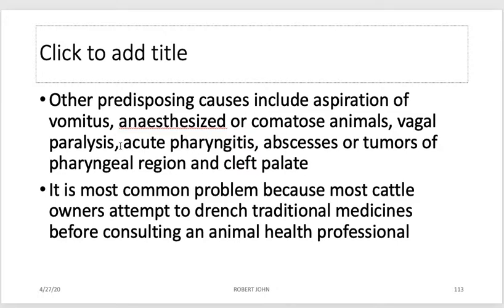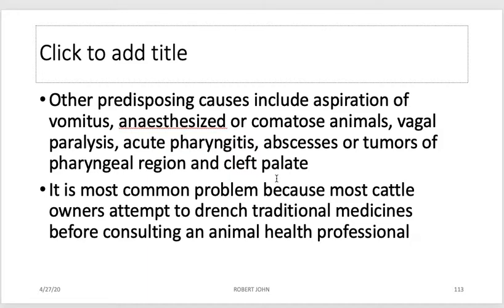Kwa wale wanyama ambao wana paralysis kwenye njia ya hewa, lakini pia wenye acute pharyngitis, inflammation of the pharynx, abscess au tumor, viuvimbe katika pharynx, na pia cleft palate kwa wale wanyama ambao kuna uwazi juu ya taya la juu, kutakuwa na uwazi.